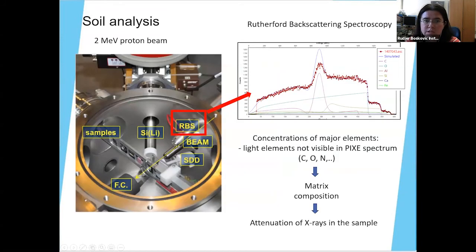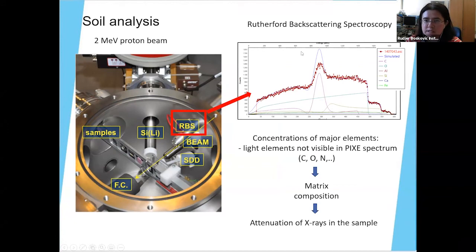So we used the chamber that you saw now in the movie. Basically we use RBS to detect the backscattered protons, and a silicon lithium detector with a filter optimized for detection of trace elements and an SDD for major elements. In the procedure, first, this is an example of one backscattered proton spectrum.